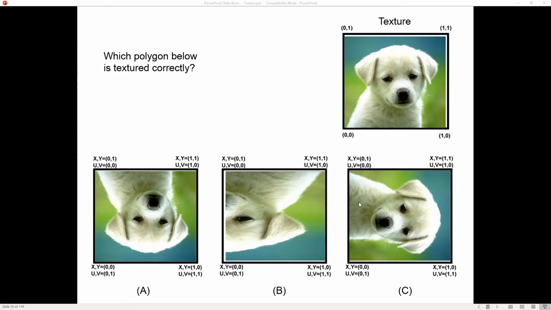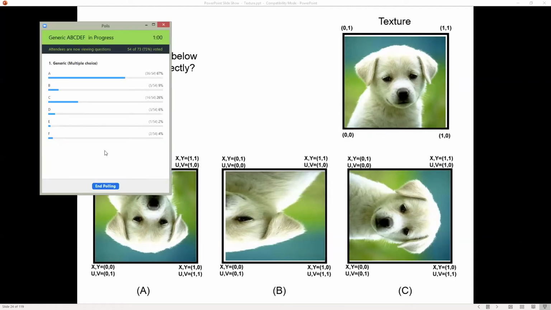I got a lot of votes for D, E, and F. Okay, that's probably a good number of votes.